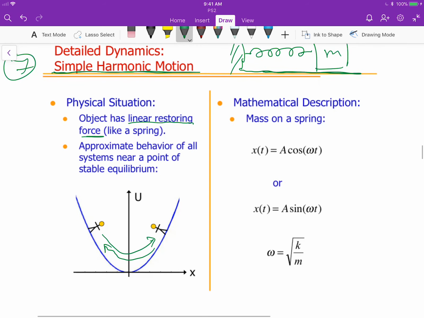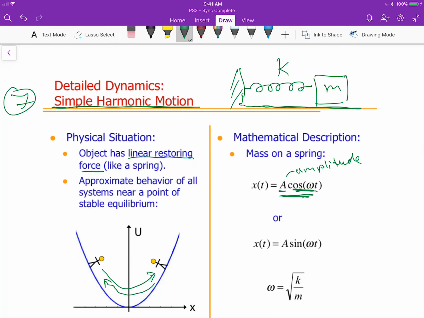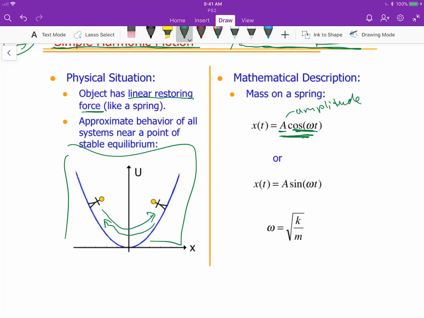One of the most important things about simple harmonic motion is that you can describe it with some amplitude A, so this is our amplitude, and then some oscillating function, because the restoring force makes you oscillate back and forth. You can describe it in terms of A cosine theta or A sine theta.